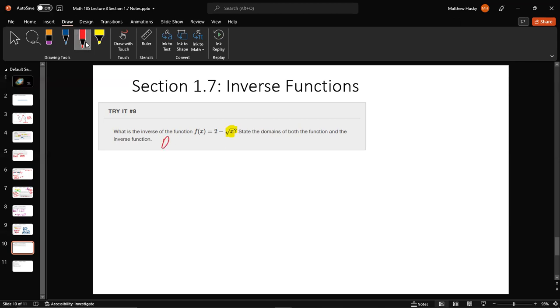So the domain of f is going to be: x has to be greater than or equal to 0. Or if you wrote that as an interval, it would be from 0 to infinity. That's two slightly different ways of writing it. That's the domain of f of x.